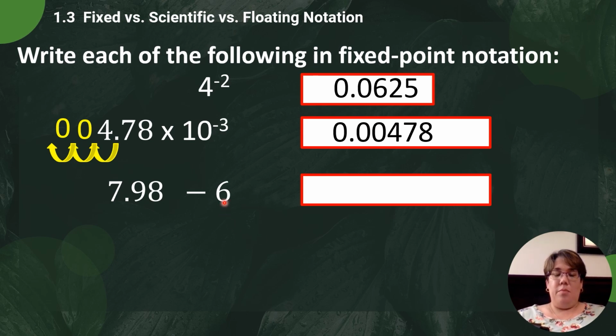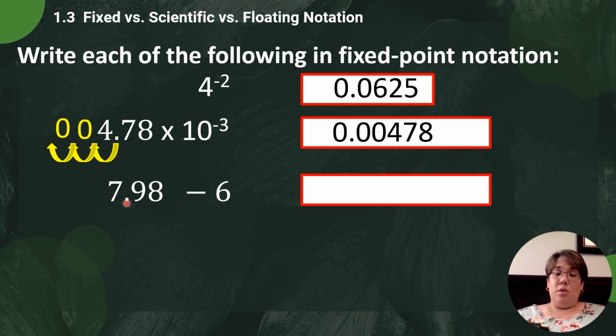Because this is really 7.98 times 10 to the negative 6, that's 10 to the negative 6 power. It's a calculator notation. So again, is this going to be a big number or a small number? This is going to be a very small number because that's a negative exponent.